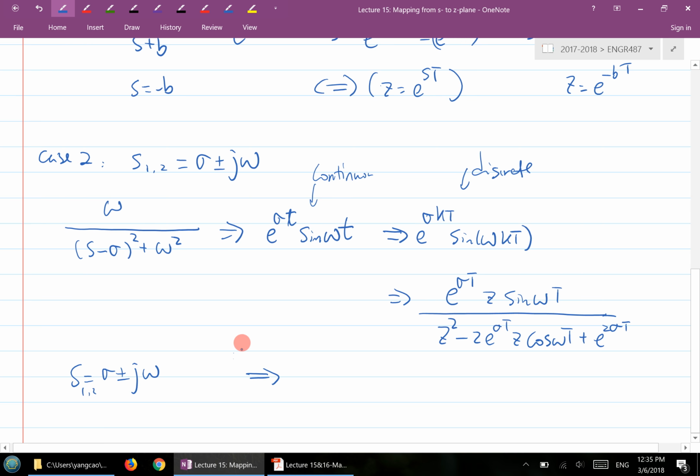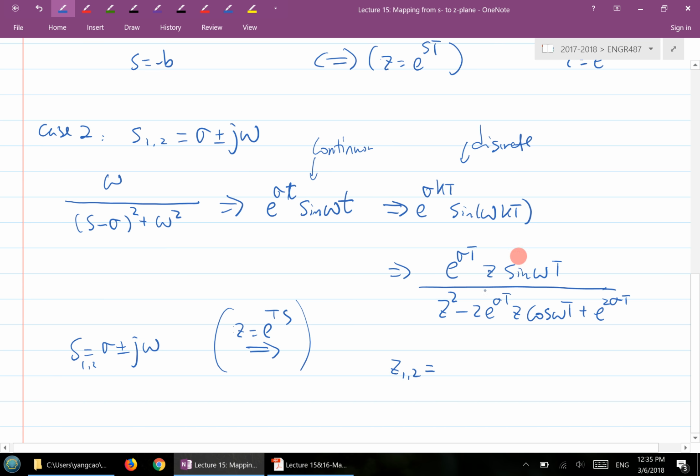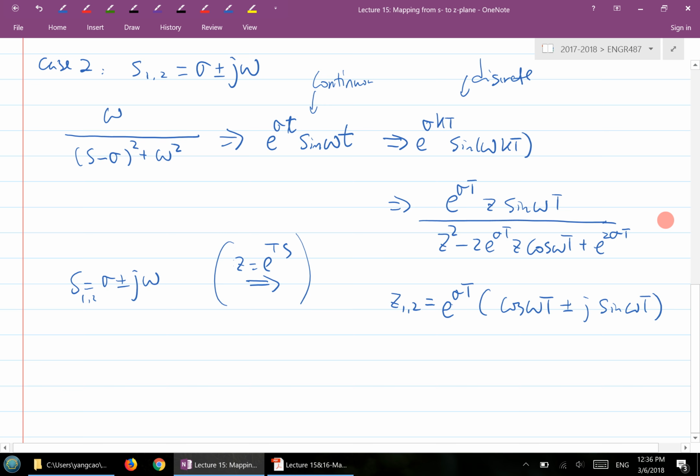If you use this relationship, what you get are two complex poles for the Z transformation, and these two are e to the power of sigma T times cosine omega T plus minus j sine omega T. That's essentially the same format as e to the power sigma T angle omega T, or e to the power sigma T and then e to the power of j omega T. It's all the same writing.